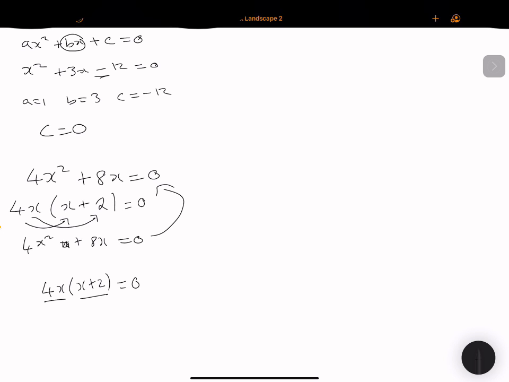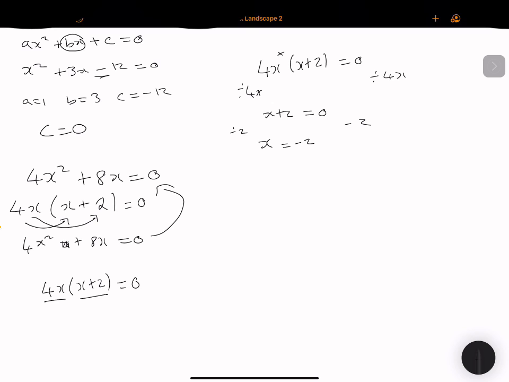So 4x, x plus 2 equals 0. So let's divide both sides by 4x, as technically this is times here. Okay, so divide both sides by 4x and you get x plus 2 equals 0, because anything divided or times by 0 will equal 0. Okay, now we solve. So we minus 2 from both sides to leave us with minus 2. So x equals minus 2.